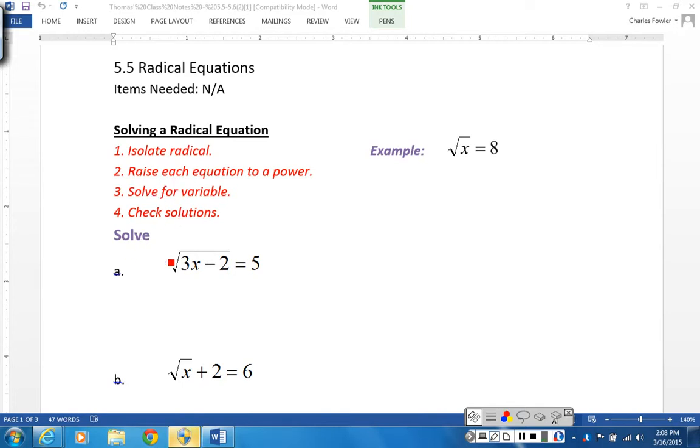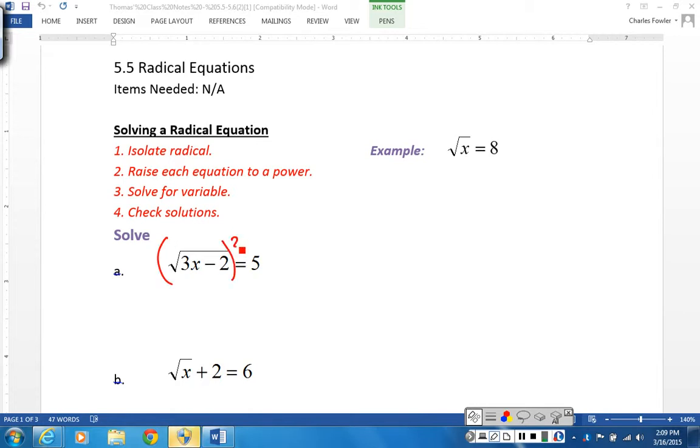Let's look at A. The square root of 3x minus 2 equals 5. Since this is the square root symbol, in order to get rid of this symbol, you can square both sides. If you square both sides, that is the inverse of the square root symbol.